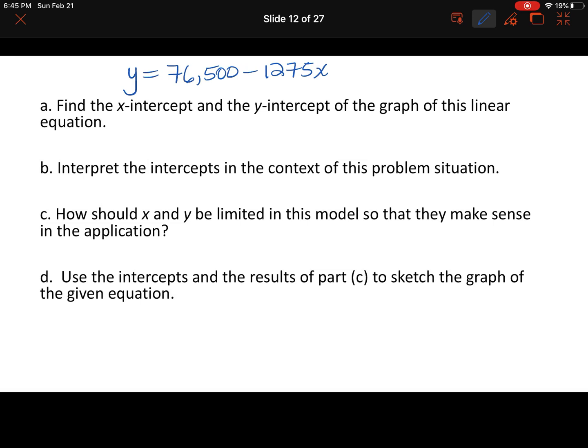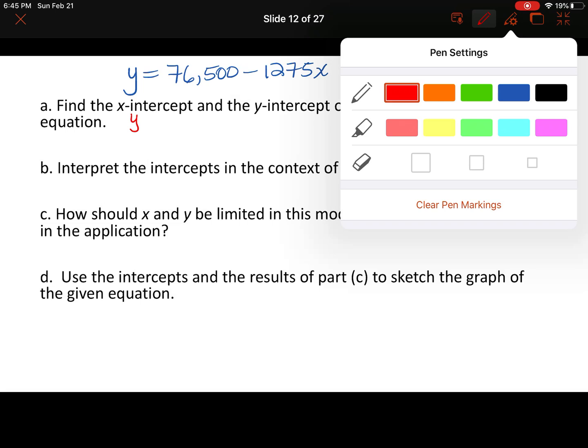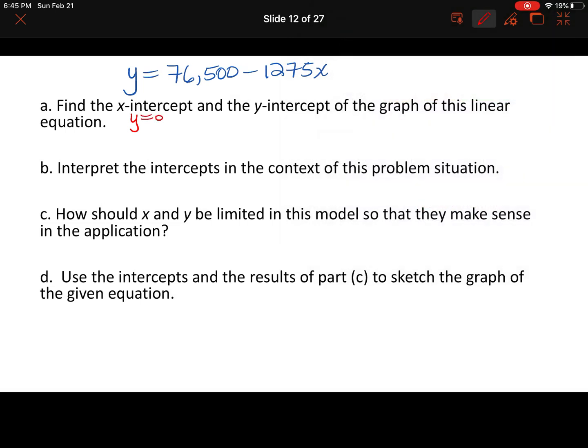It's the easiest. I'll say it like that. The x-intercept takes just a tad bit more work, but we got this. We math people. So we have find the x-intercept. That tells us to set y equal to 0. So we know y equal to 0.